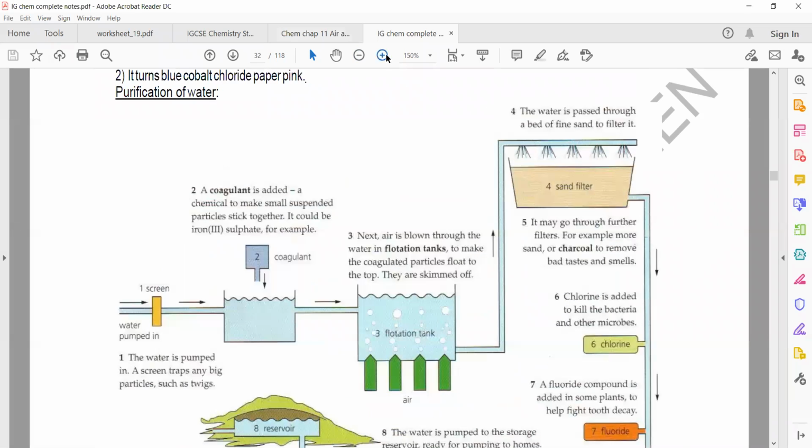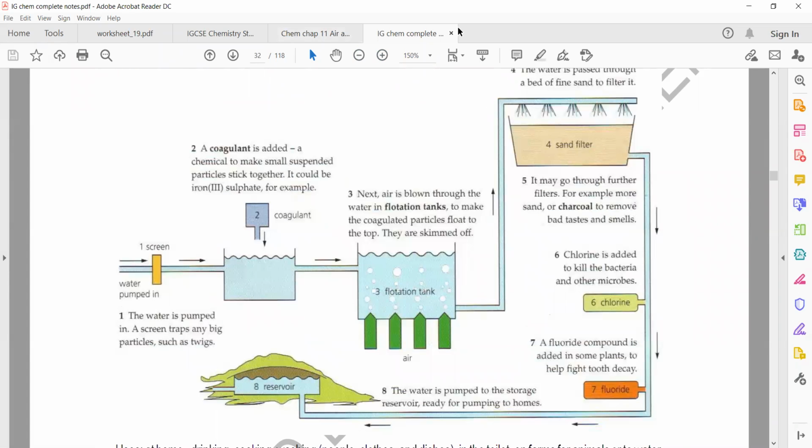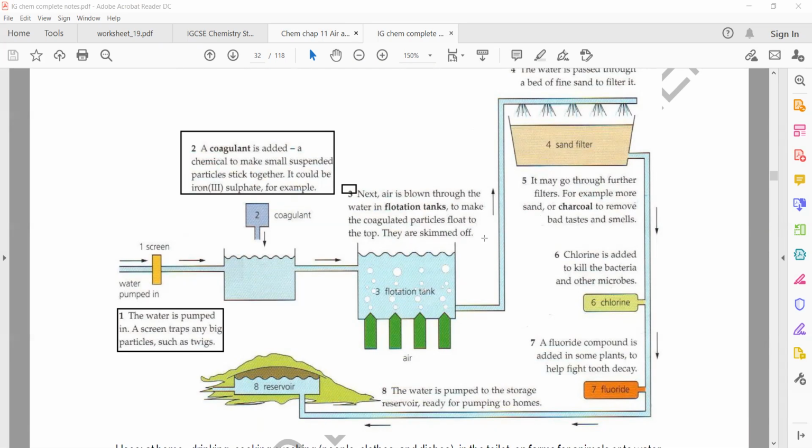So the part I want you to copy is step 1. Just mention the step, you don't have to draw. Step 2, step 3.